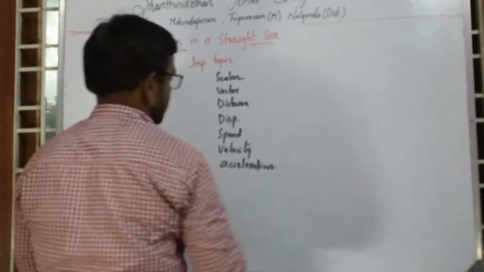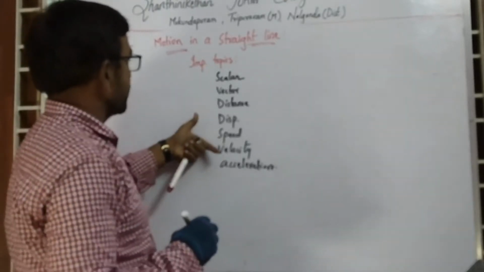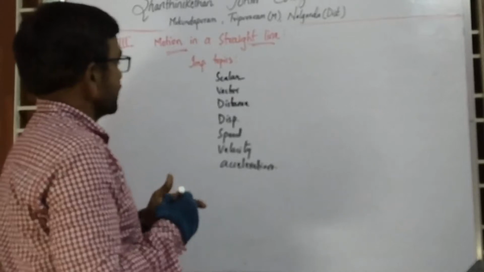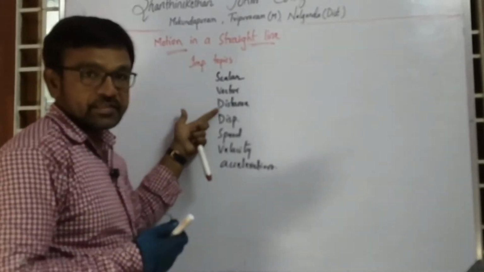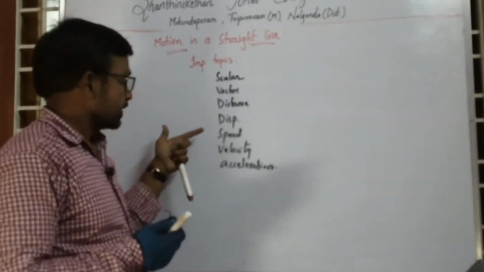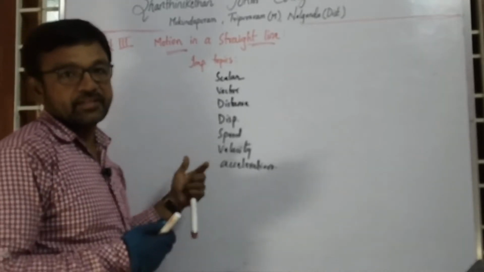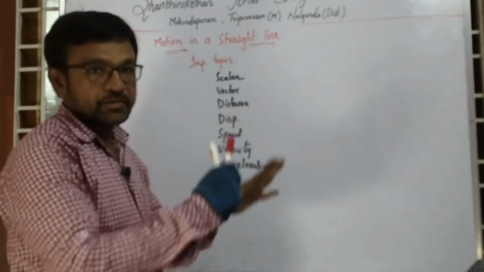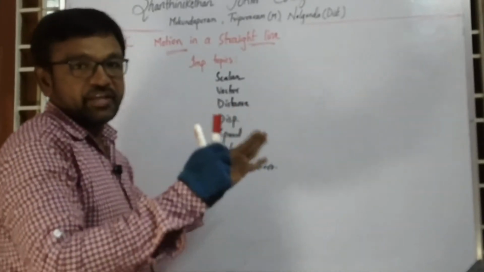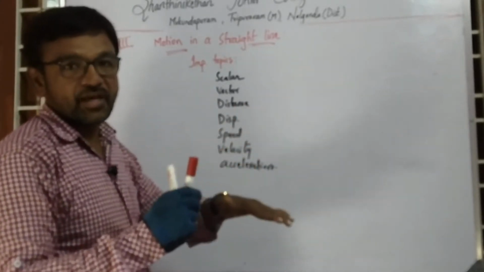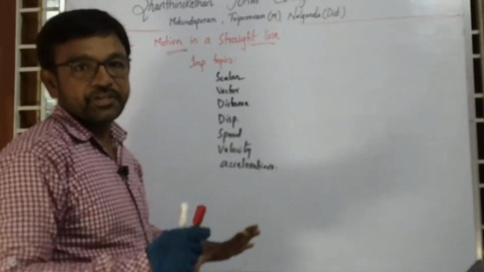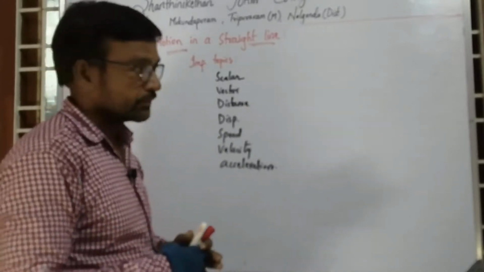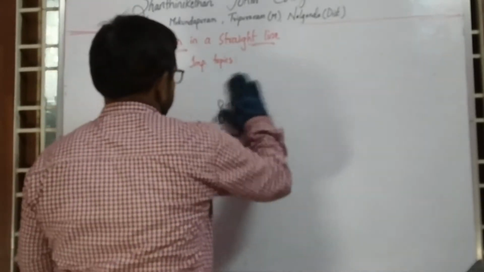These are the important topics for this lesson. Motion in a straight line: scalar, vector, distance, displacement, speed, velocity, acceleration. These are very important topics to understand the total chapter. In every chapter's introduction class, I will teach the basic foundation for the chapter, then afterwards we can go deep into the chapter. Let me discuss these topics.